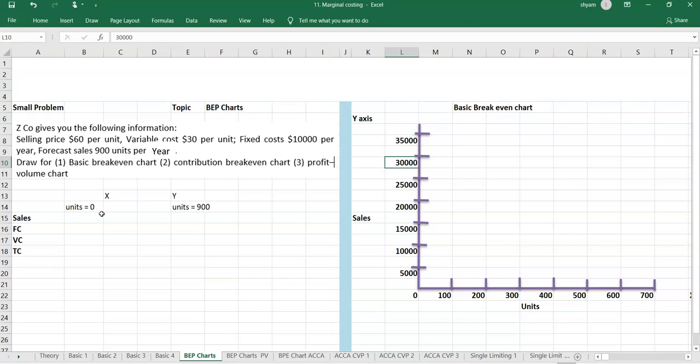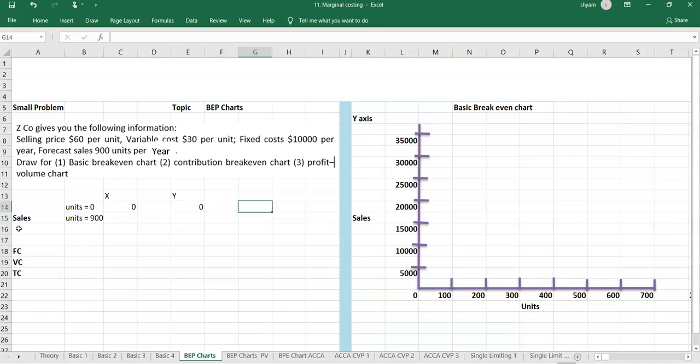When the number of units is 0, the sales value will also be 0, so the y value will also be 0.